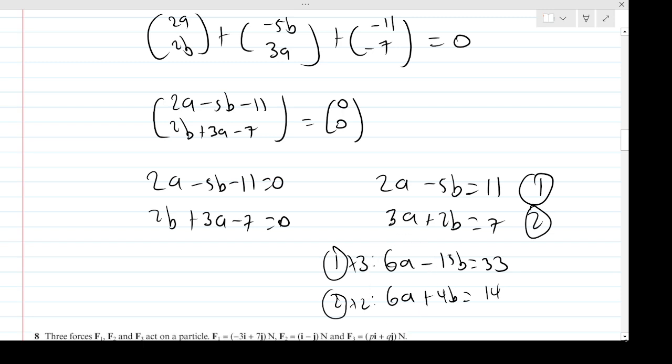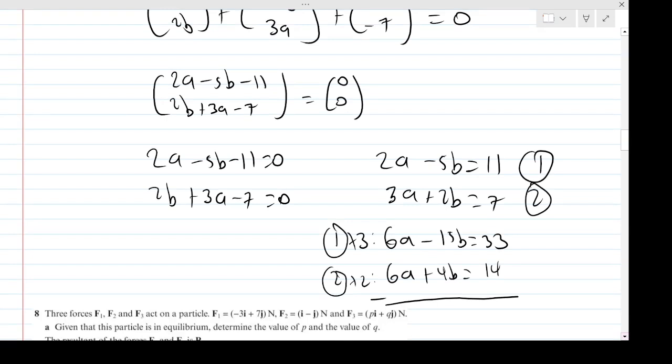And then how can I get rid of the a's? I can subtract the equations. So if I do that then, well, 6a minus 6a goes away. Minus 15b minus 4b goes to minus 19b equals 33 minus 14, which is 19. Well, there we are. So therefore minus 19b equals 19, so b equals negative 1. Okay.